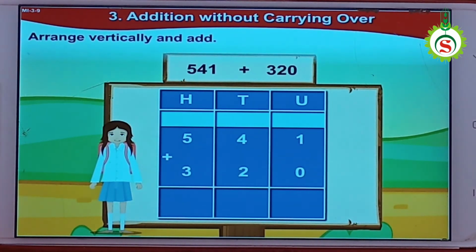Now, let us begin our addition. 1 unit plus 0 unit is 1 unit. 4 tens plus 2 tens is 6 tens. 500 plus 300 is 800. Which means it is 800, 6 tens and 1 unit, that is 861.